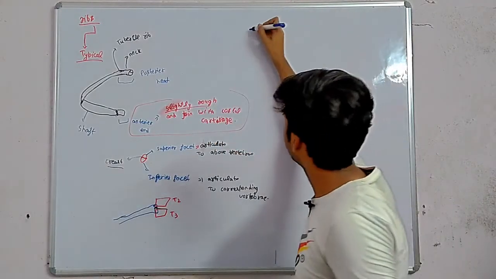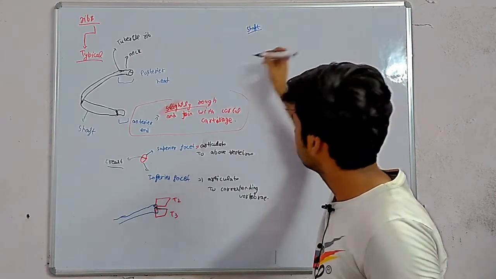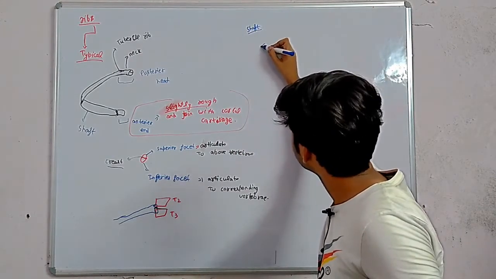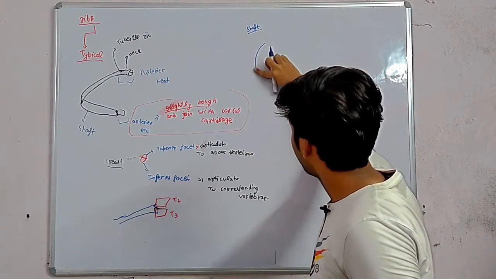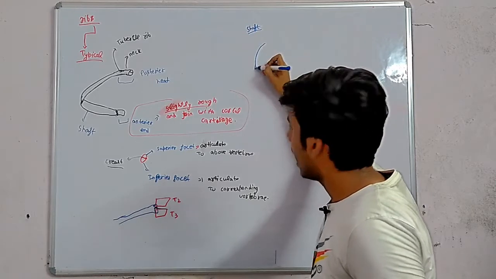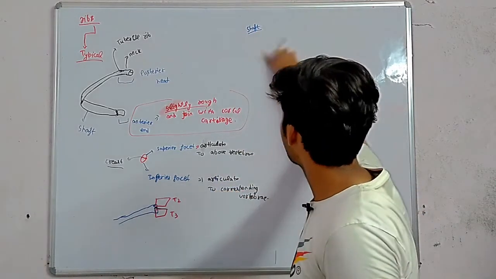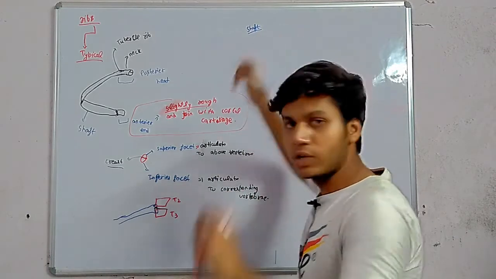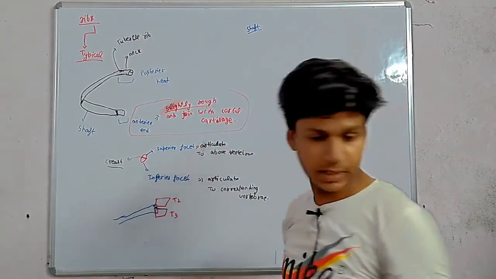Now talk about the shaft. The shaft is a curved portion, and on the lateral aspect it has a slightly twisting portion like this. Twist means it twists on its axis like this.